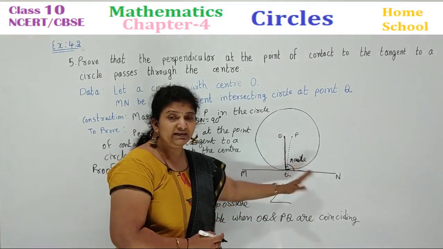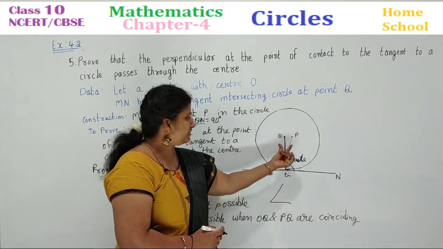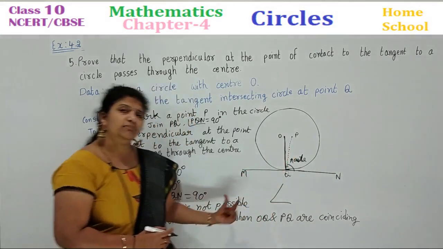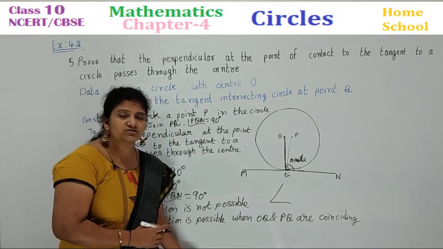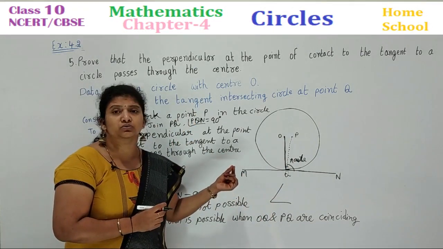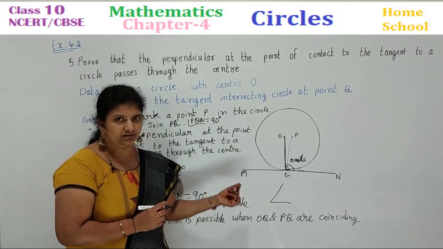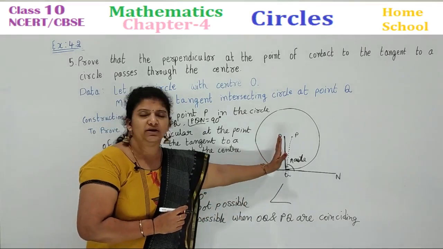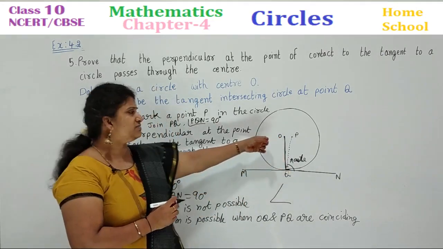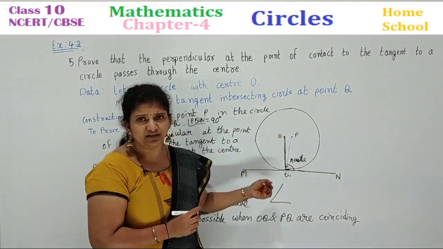When it is 90 degrees through the tangent, when these two lines are coinciding. What is the statement you know? Tangent is always perpendicular to the radius through the point of contact. Radius means it emerges from the center, right?